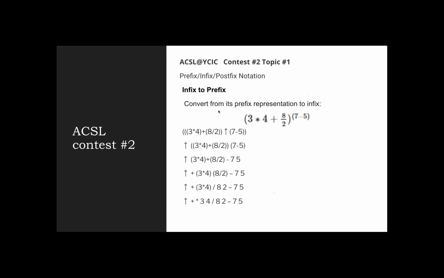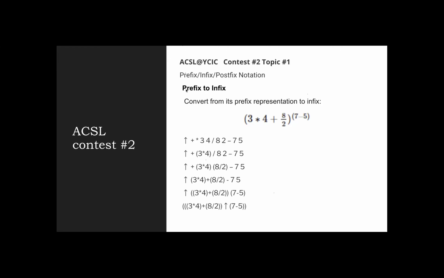Does anyone still have a question on this one? I think it should be okay. We can move on to the next slide. Okay, this one is prefix to infix. So you just redo what I did.